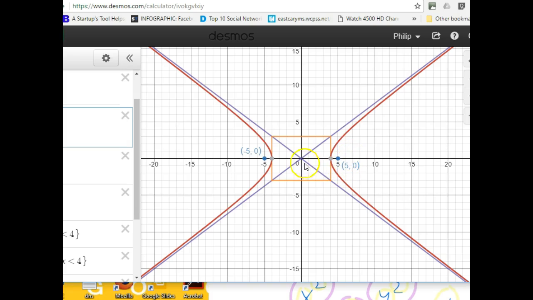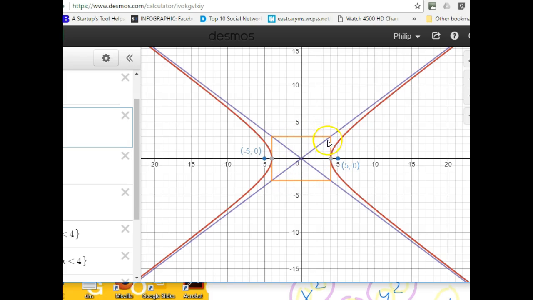If you look at this orange rectangle here, you can see that it has a width of 8, or from 0 to 4 and from 0 to -4. And it's got a height of 6, or it goes from 0 to 3 and 0 to -3. Do you see how the values underneath the x and the y, which were 4 and 3, determine the size of this orange rectangle?